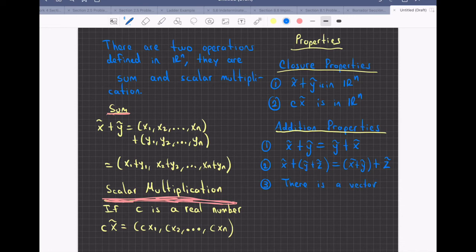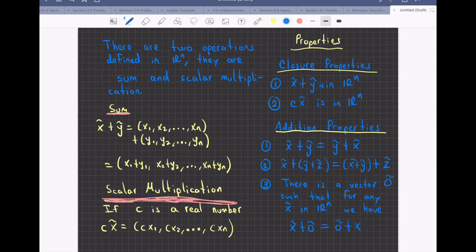Number three, there is a vector that is going to be called the zero vector, such that for any vector x in the vector space, x plus the zero vector is the same as the zero vector plus x.